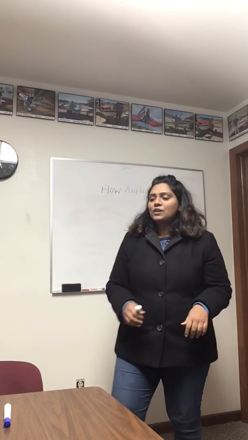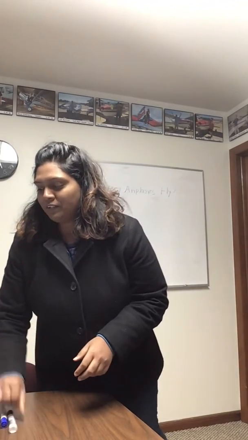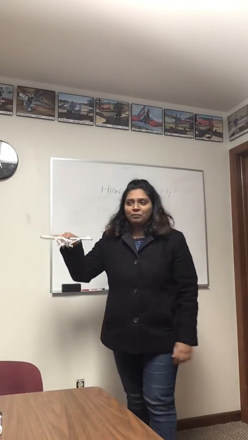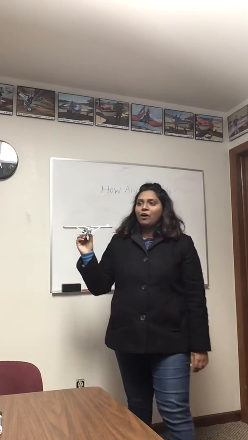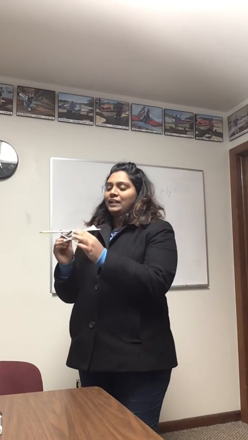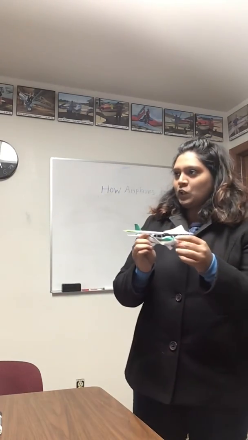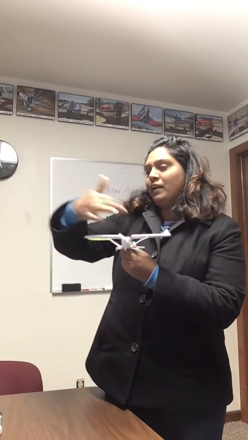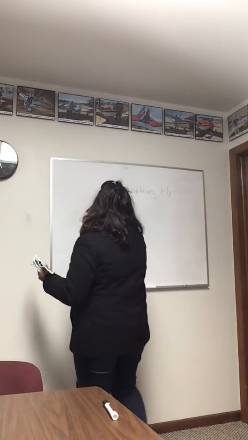Awesome. Okay, so let's talk about this. This is an airplane. So the airplane goes forward, right? The force which is acting in the forward motion is called thrust. The propeller rotates and it just pulls the airplane forward. That is called thrust. Okay, so let me draw.